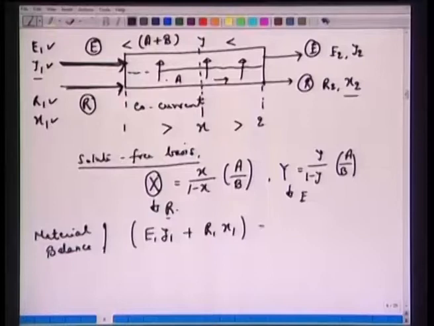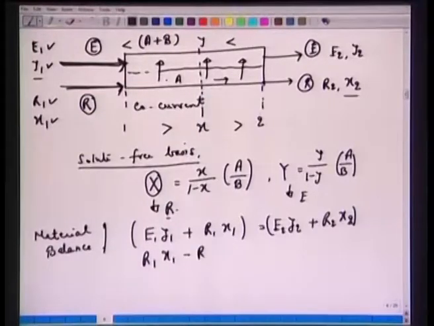This will equal the two exit streams. We have E2 Y2 and we can write R2 X2. Okay, so in equal to out. We can rearrange here R1 X1 minus R2 X2, and this will equal E2 Y2 minus E1 Y1.